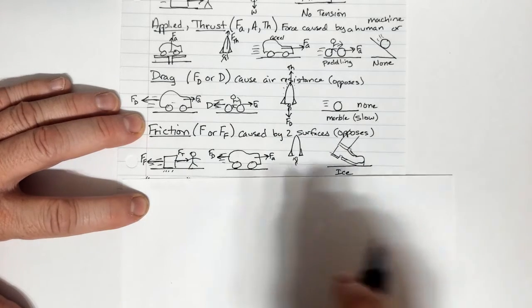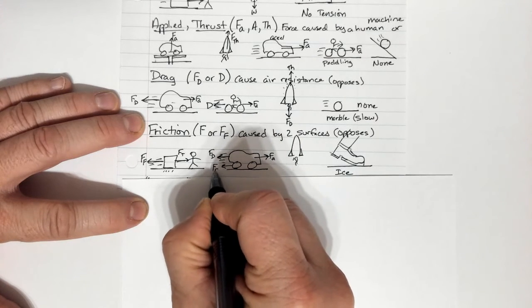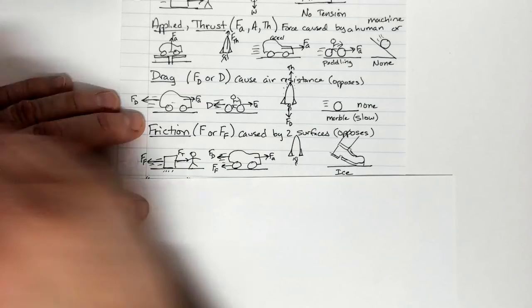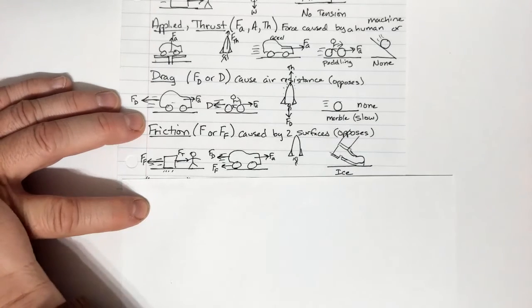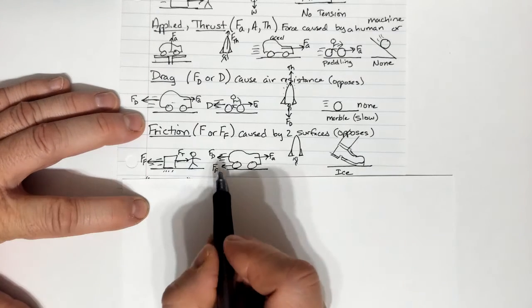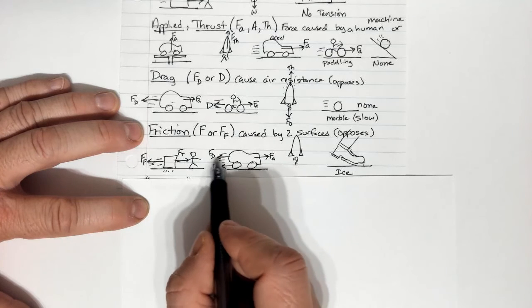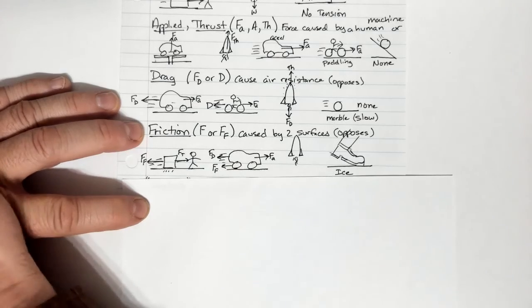It would just slide forward. So there actually is a force of friction between the tires of a car and the road. And there's quite a bit because the car's weight pushes the tires hard into the road. So here's an example, like I was talking about earlier, where there is more than one force acting in the same direction. And we'll talk about what happens when they do that.